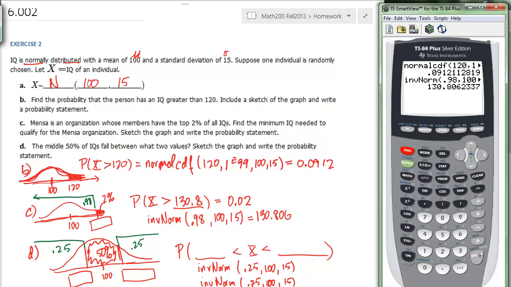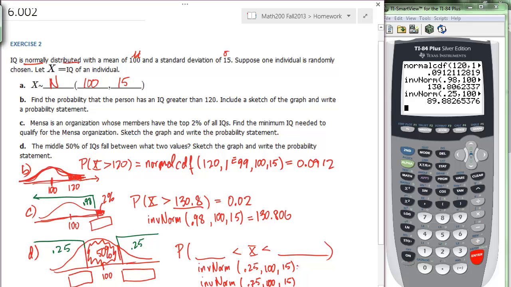So we hit the second function and entry, and then it's going to be the inverse norm, the same command as last time, except instead of 98%, we're going to call on 25%. So it looks like for this very first one, we have 89.88. So we'll call that 89.9.